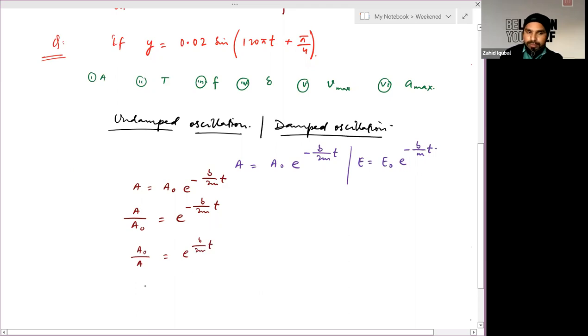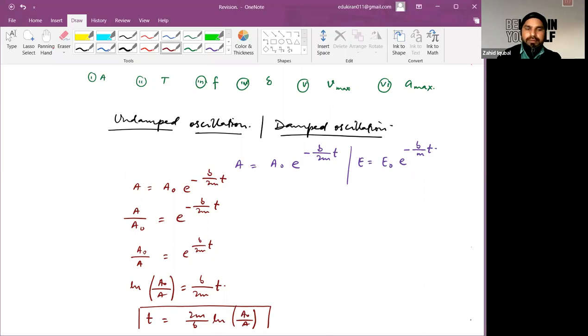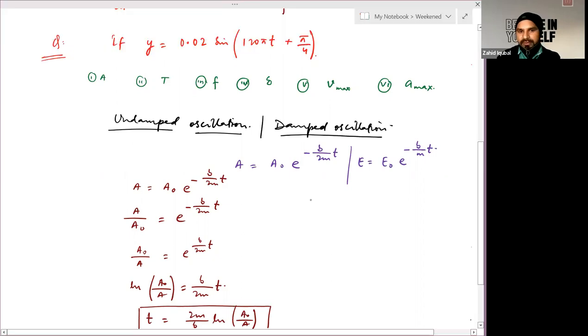Now taking log on both sides, ln A naught divided by A will be equals to b by 2m into t. So time equals 2m divided by b ln A naught by A. You'll get the time to change its amplitude from some initial value to some final value. Similarly, in case of energy, it will be m divided by b ln E naught divided by E.